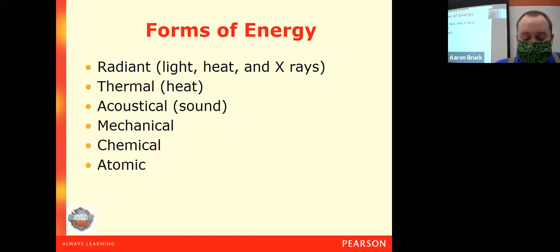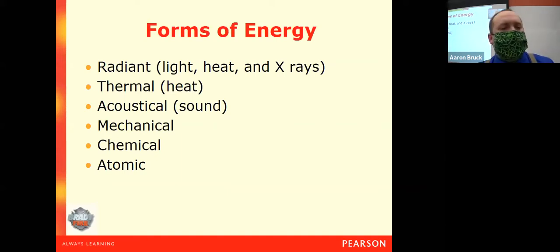Chemical energy, when you do a chemical reaction, we can evaluate the energy that was present before the reaction versus the energy that's present after the reaction. And the difference between the two tells us how much energy was either gained by the chemicals from the surroundings or given to the surroundings by the chemicals as they go through their transformation.